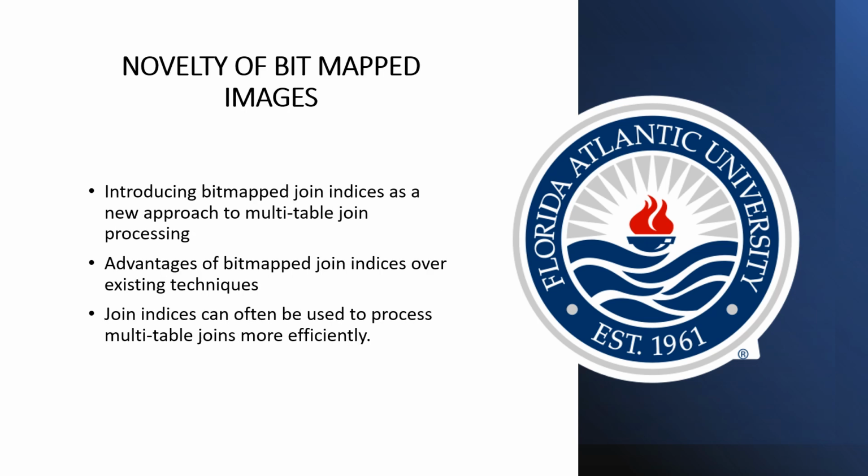I found a novel approach, which leads to the introduction of bitmap join indices as a new approach to multi-table join processing. Additionally, bitmap join indices have several advantages over traditional join processing techniques. One key advantage is that they can be created and maintained more efficiently, as they utilize bit vectors instead of full table scans.